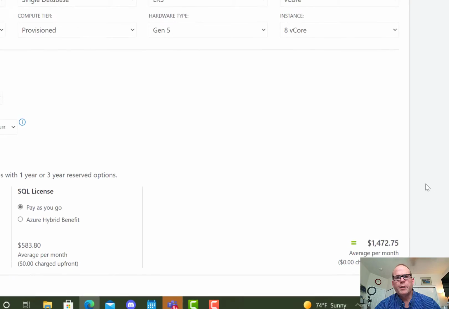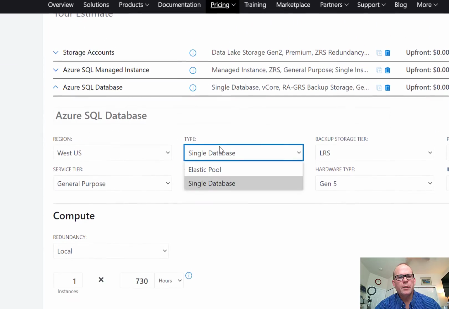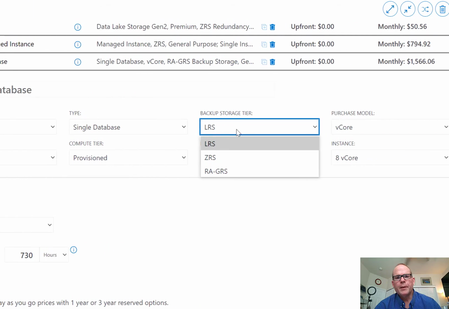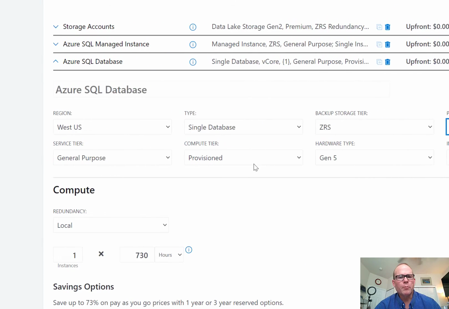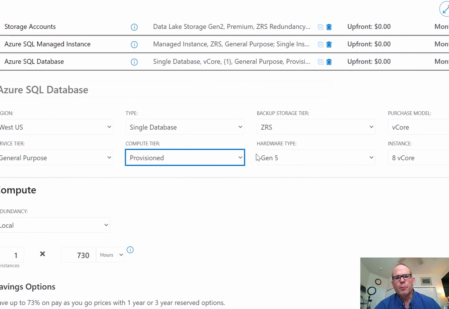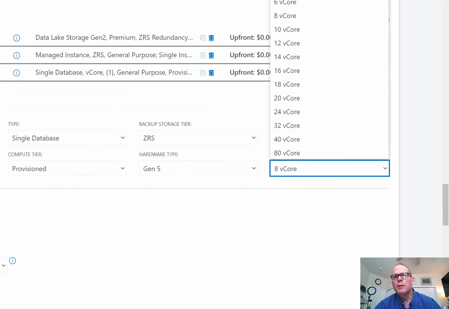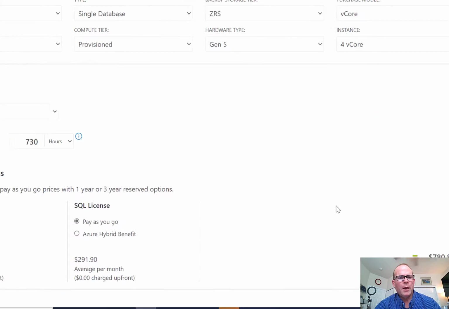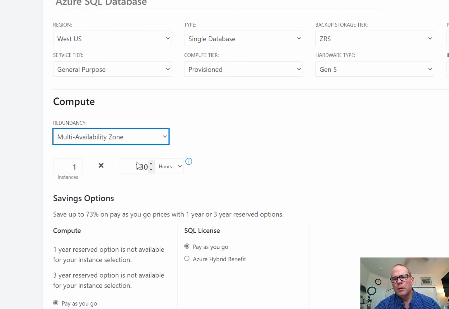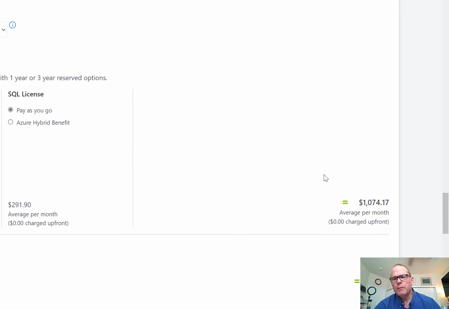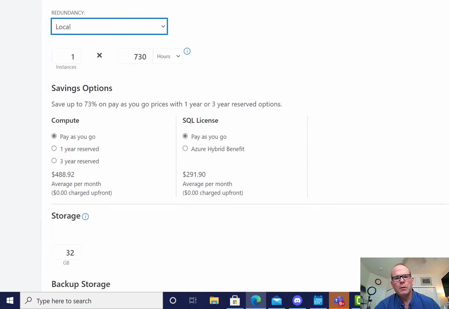Now, if we did the same West US, I'm going to say single database because I assume that we're going to combine these. We're doing general purpose, we're going to do provisioned, we're going to do Gen 5 hardware, and again, 4 cores. Local redundancy, again, if I do local, that saves me about $300 here, your call.